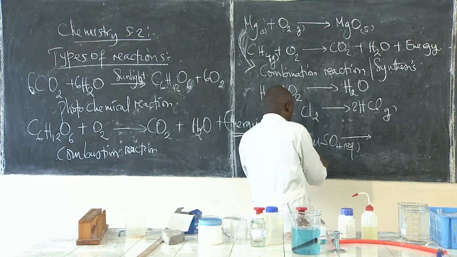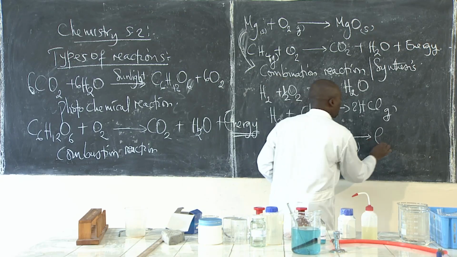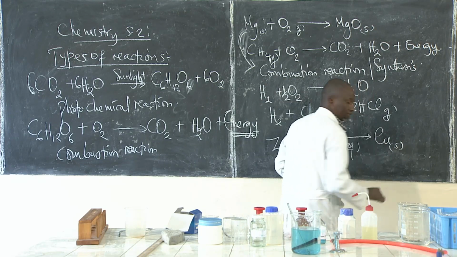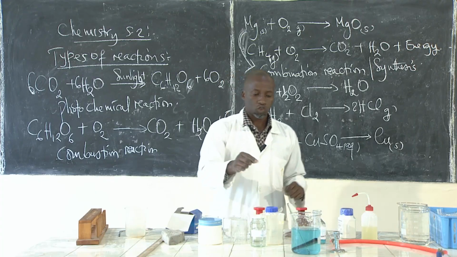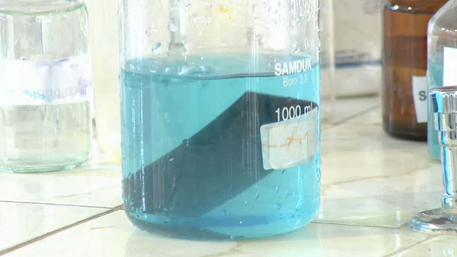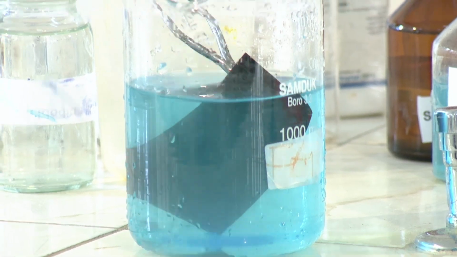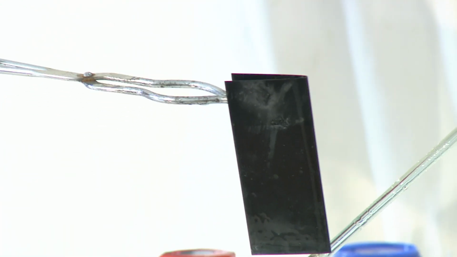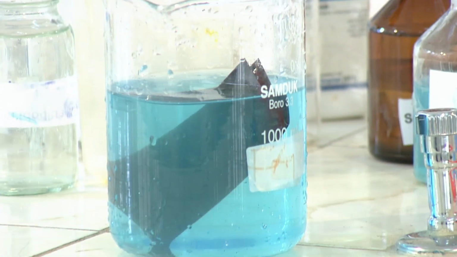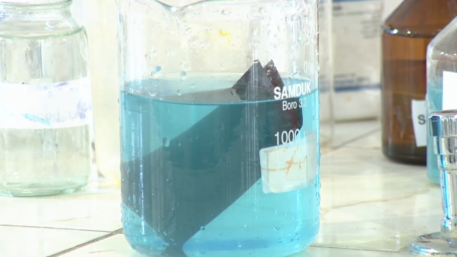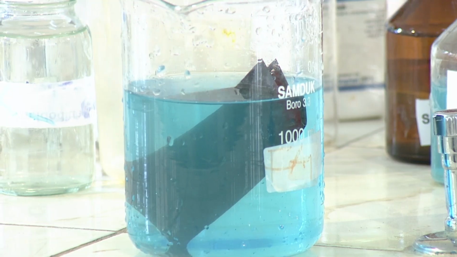And therefore, copper is displaced as a solid. So we'll have the solid forming on the zinc strip. It is changing. We have to keep it there for some time as we watch the reaction going on.